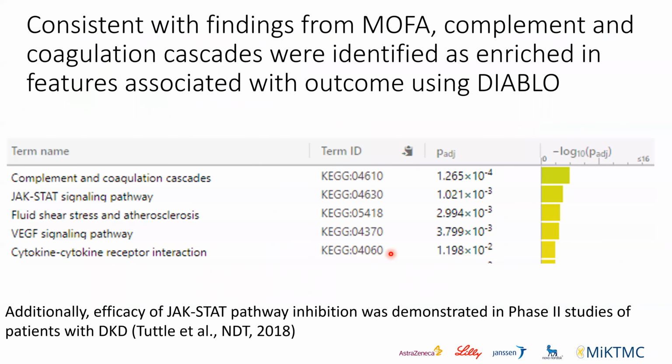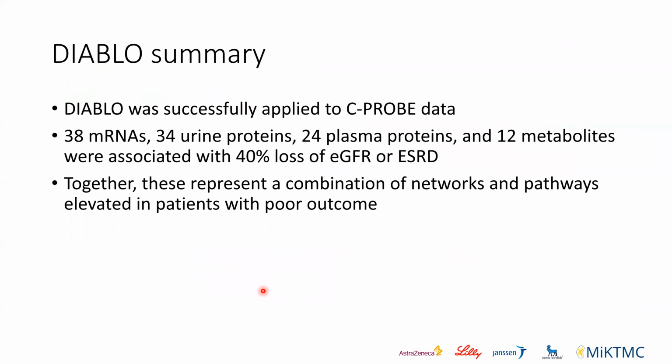Again, when we performed pathway enrichment analysis for the DIABLO-identified features, the complement and coagulation cascade pathway was enriched, besides the JAK-STAT signaling pathway. So DIABLO was successfully applied to CPROBE data. The 108 features identified by DIABLO were associated with disease progression, and again the complement and coagulation cascade pathways were enriched in at least 3 omics data types.